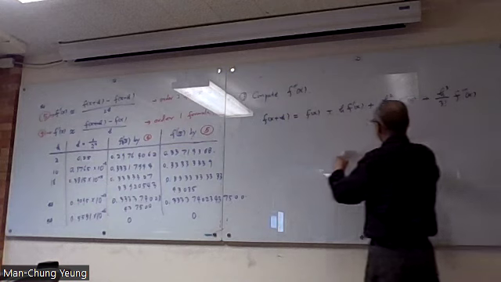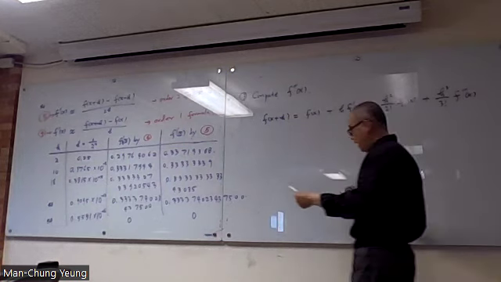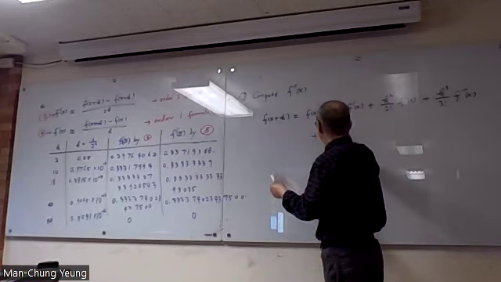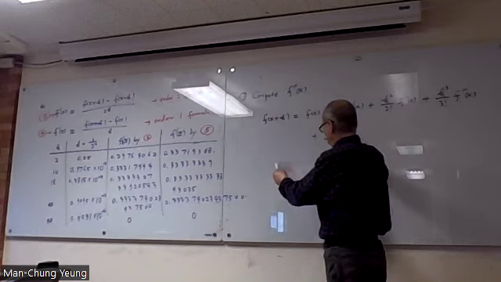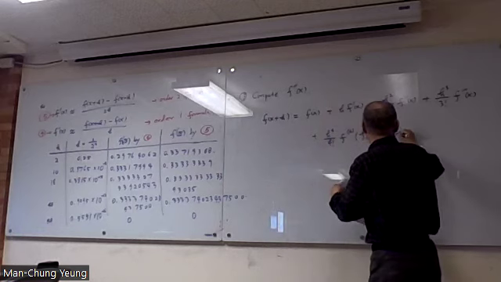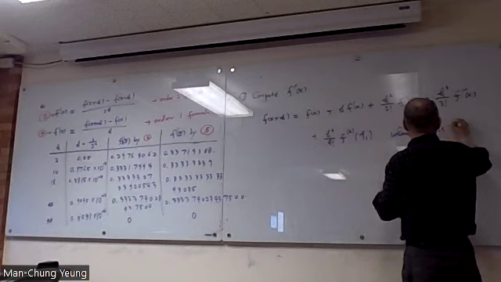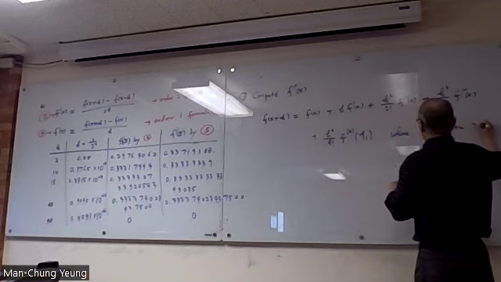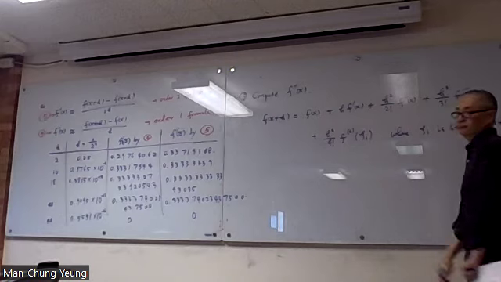I need 4 terms, and then the error term. Take derivative 4 times, evaluate at some point psi 1, which is between x and x plus h.